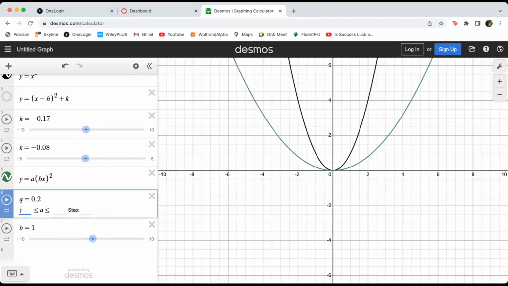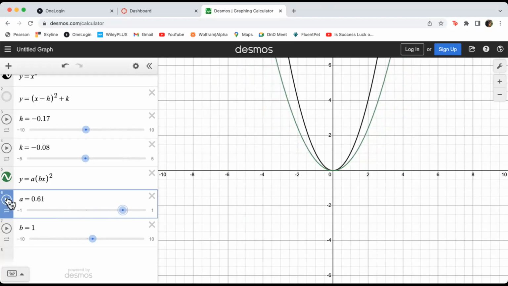But if I change this up a little bit, so here's normal, here's A decreasing down to zero. We can see, now that it's going a little bit slower, how it just keeps getting flatter and flatter the closer we are to zero.